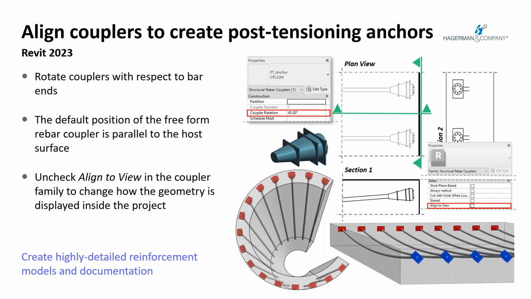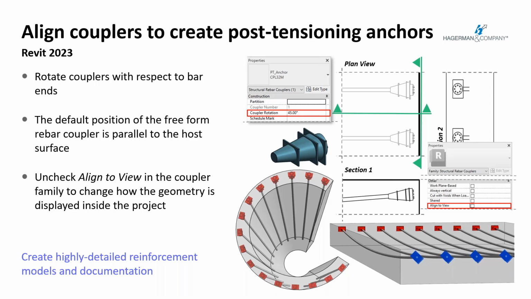In Revit 23, you can rotate couplers with respect to the bar end for precise modeling with clash avoidance. And the coupler geometry is always aligned to the bar end. When rotating the coupler, this is the default position. For freeform rebar, the default position of the coupler is parallel to the host surface.